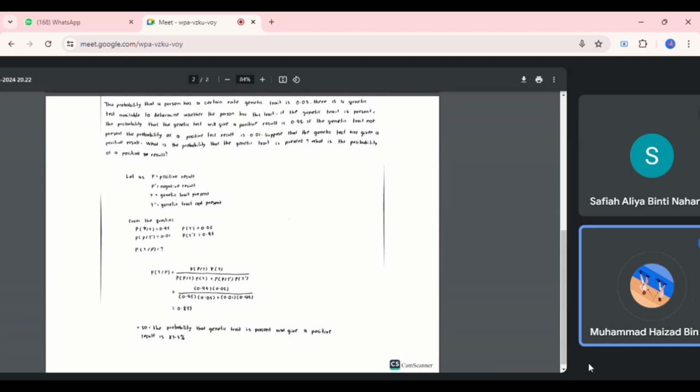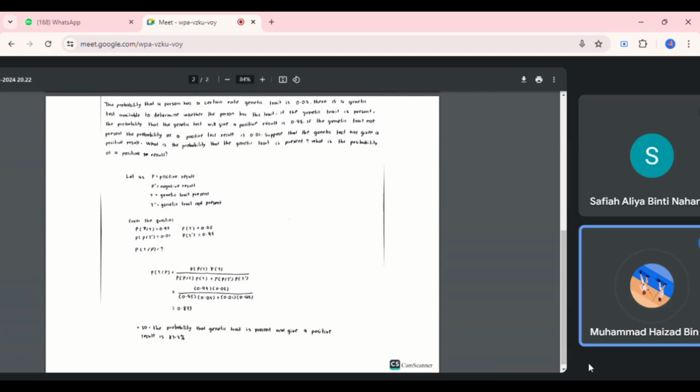Let P be a positive result and P prime a negative result, T the genetic trait present and T prime the genetic trait not present.